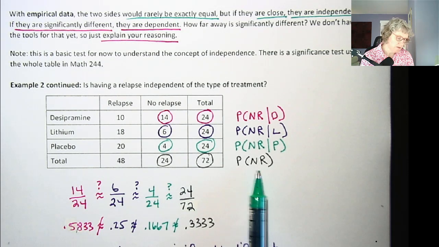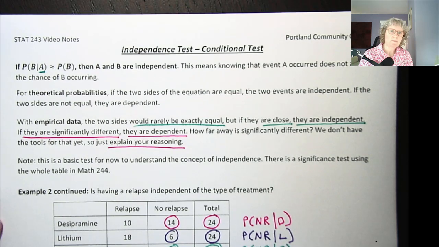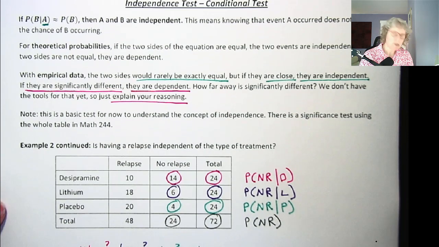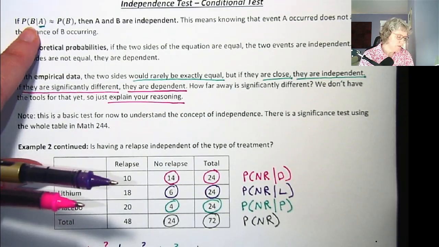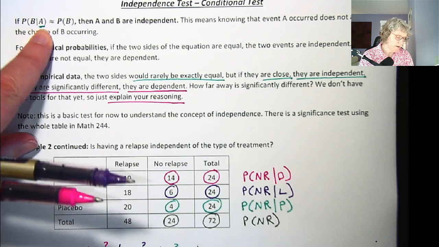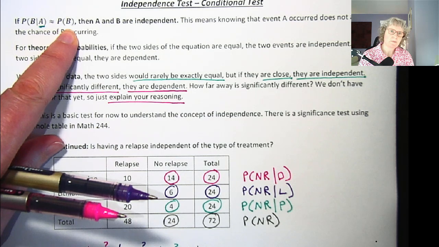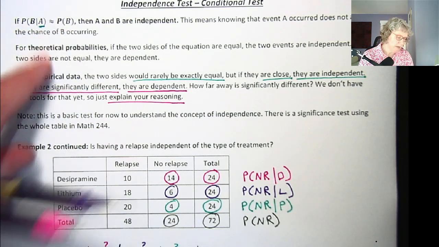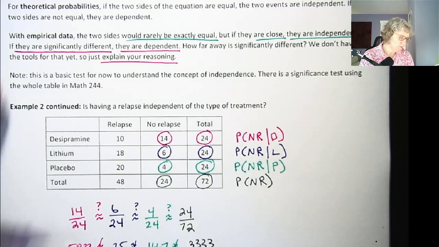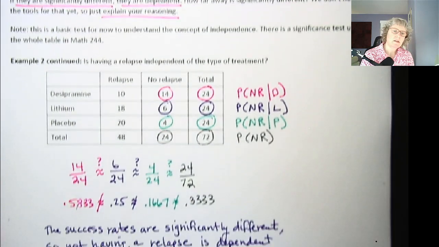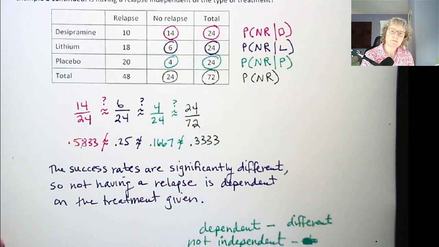So that is just like this formula, NR given D, L, or P, is that equal to the probability of NR? Okay, so it's the first two that are matching, or the first one and then the probability by itself.